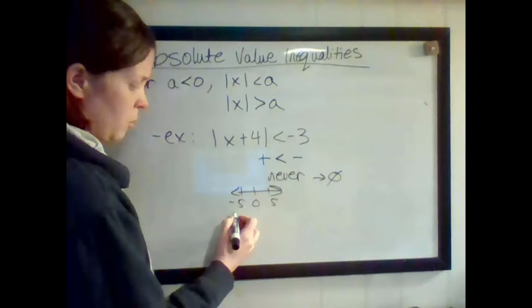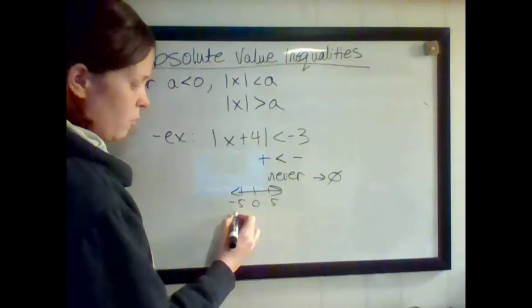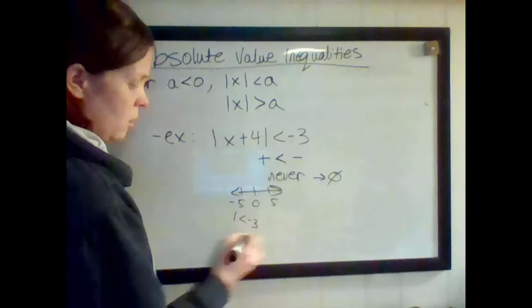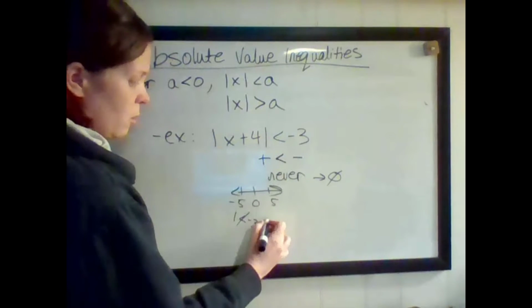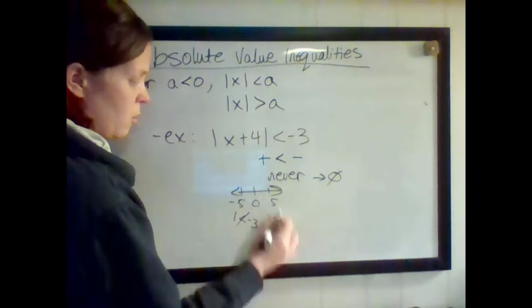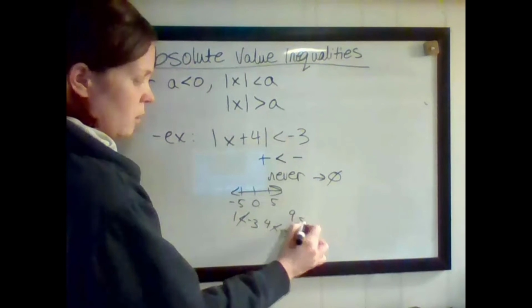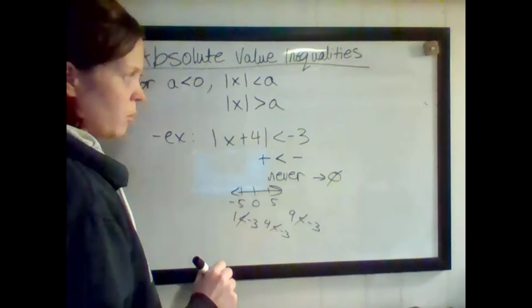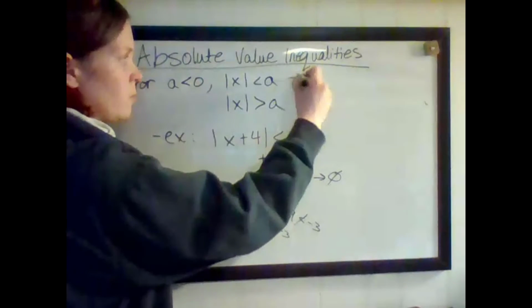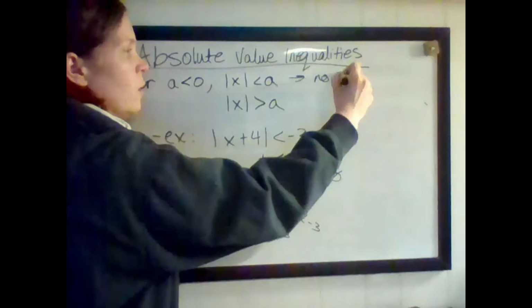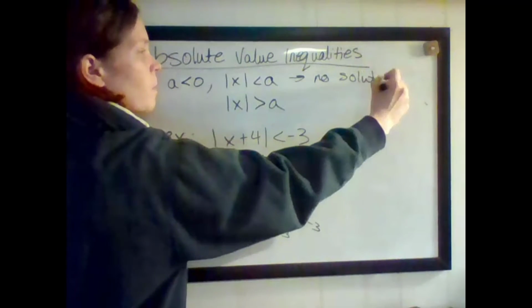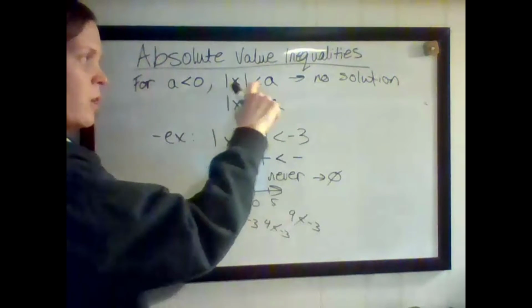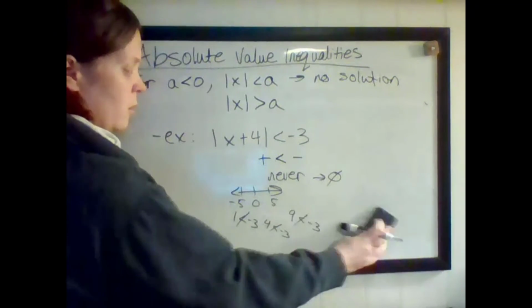Negative 5 plus 4 is negative 1, that's going to be 1. That is not true. 0 plus 4 is 4, less than negative 3? No. 5 plus 4 is 9, less than negative 3? No. Never going to happen because these are all positives. So it would be no solution, because a positive is never less than a negative.